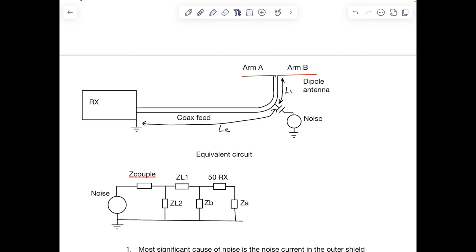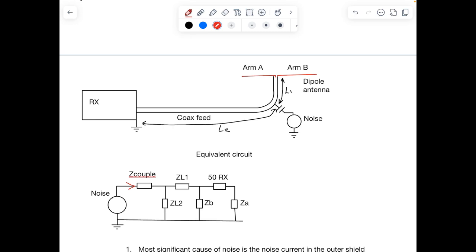If we formulate an equivalent circuit for this, the noise source creates a current through the capacitive coupling, or whatever mechanism of coupling, some impedance. So we have a current coming out from the noise source, and you can see immediately after it goes through the coupling impedance there are two paths, either up L1 or down L2.